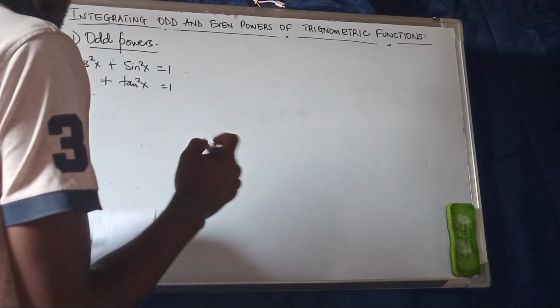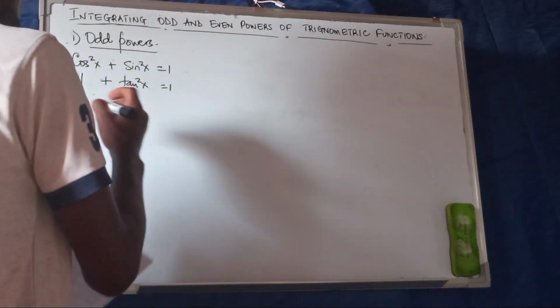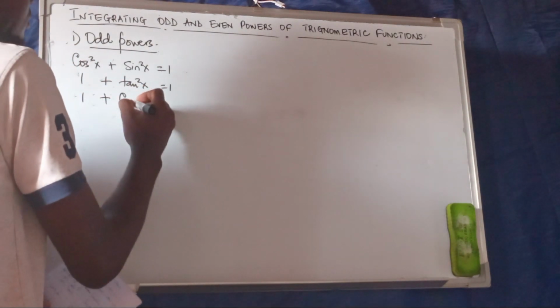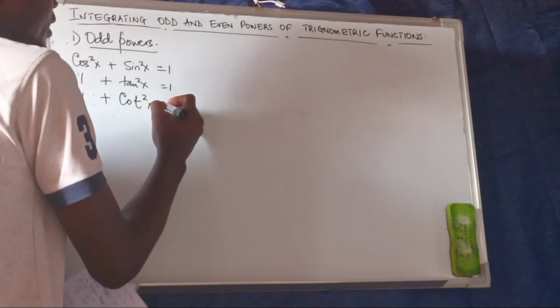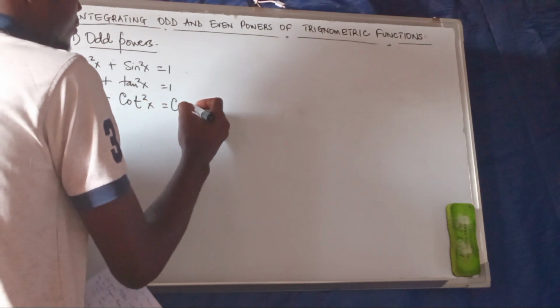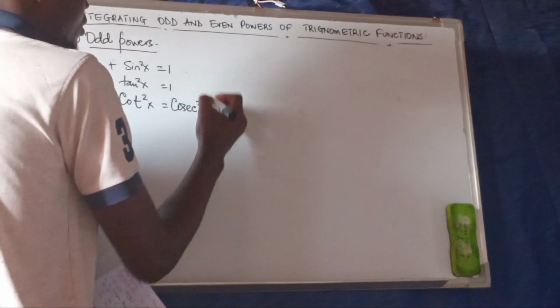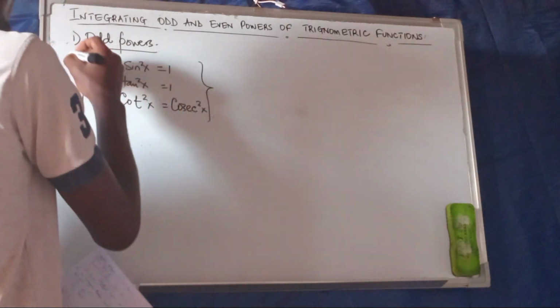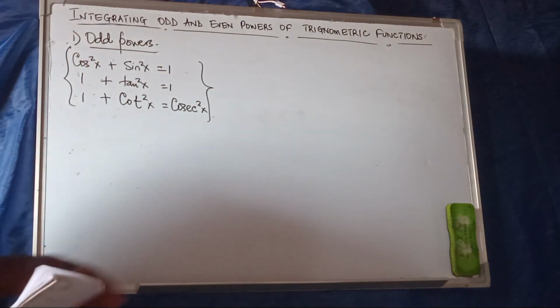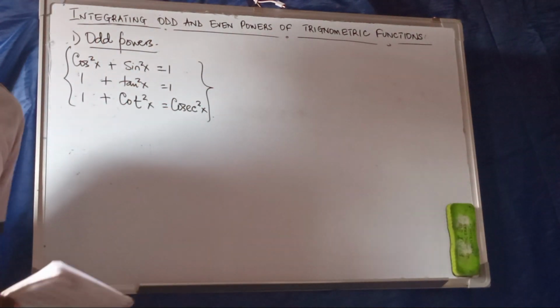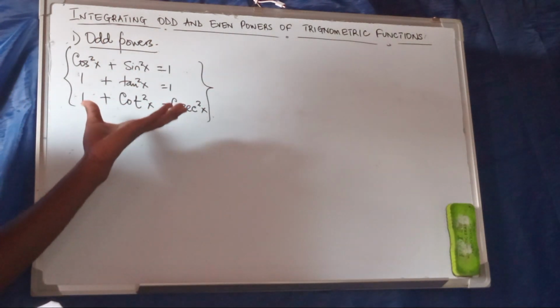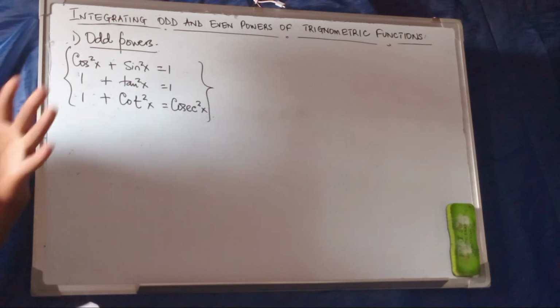And then we also know that 1 plus cot squared x is equal to cosec squared x. So these will be our helpers when we are dealing with odd powers. We shall see why we need this step by step.